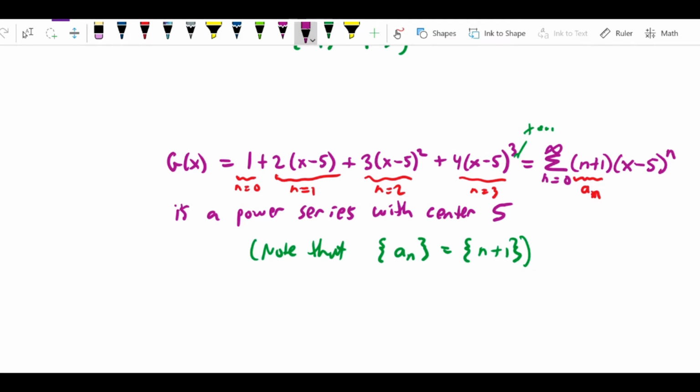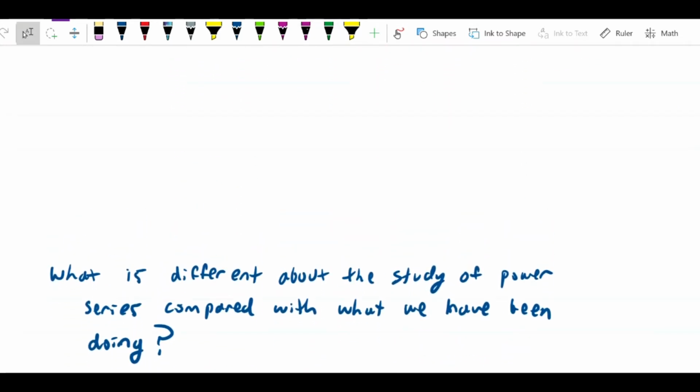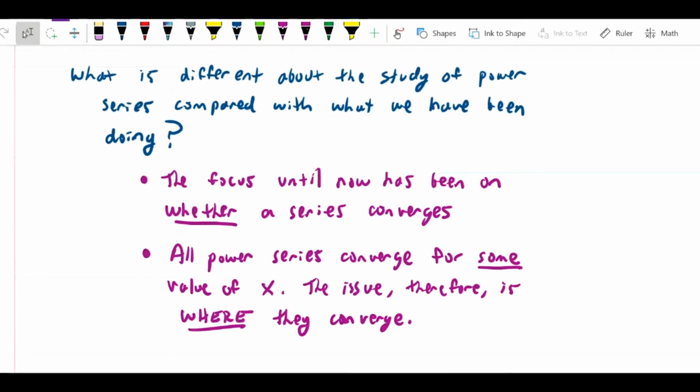Okay, so the question is, what is different about the study of power series as compared with what we've been doing? And this is really the answer. Until now, what we've been studying really is the question of whether a particular series converges. We talked about comparison tests, the integral tests. These are things that tell us whether a series converges.